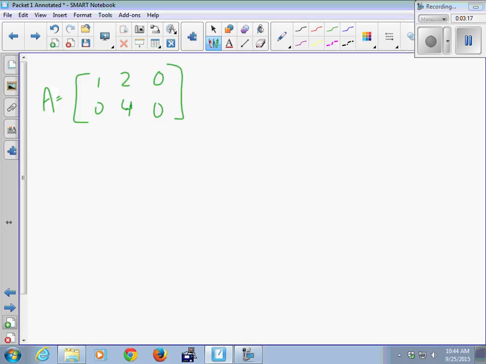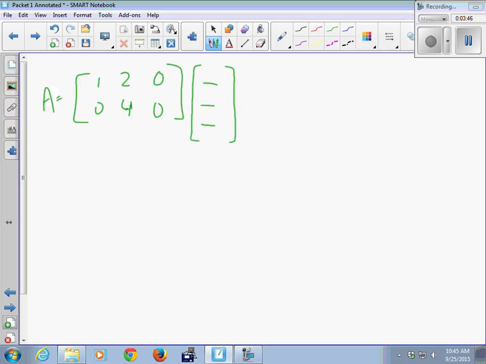I need to show that A times the sum of two vectors is the same thing as A times the first one plus A times the second one. What size does the vector have to be in order to multiply A by it? 3 by 1, because this matrix has 3 columns, so the vector needs 3 entries.